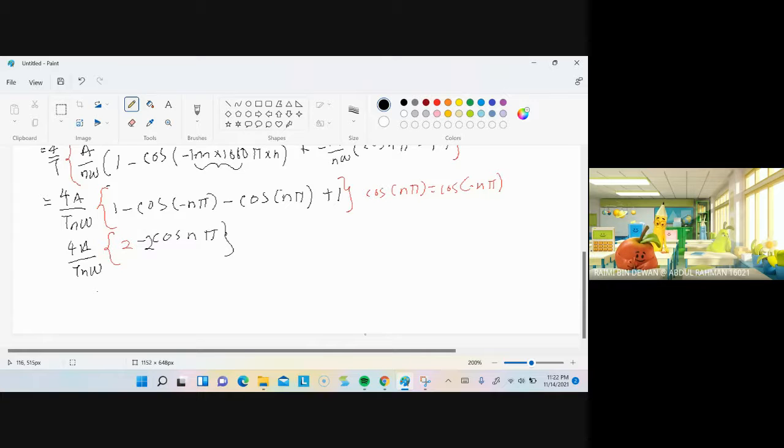If you see now, I'm bringing up this 2, 2 minus 2 cos, whatever is there, you can bring it out.